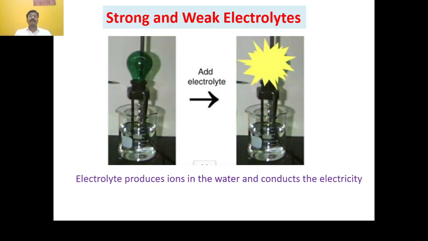When we add an electrolyte to the pure water, what happens? The electricity is conducted throughout the electrolytic solution, and the electrolyte produces ions in the water and it conducts the electricity.